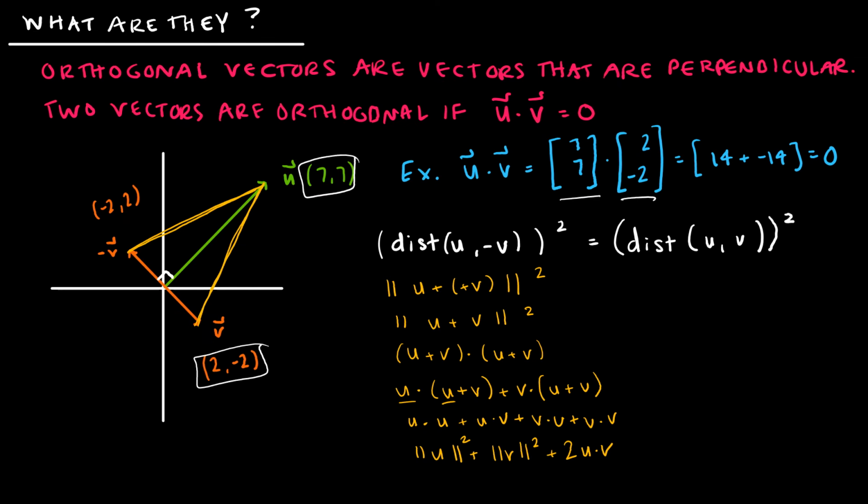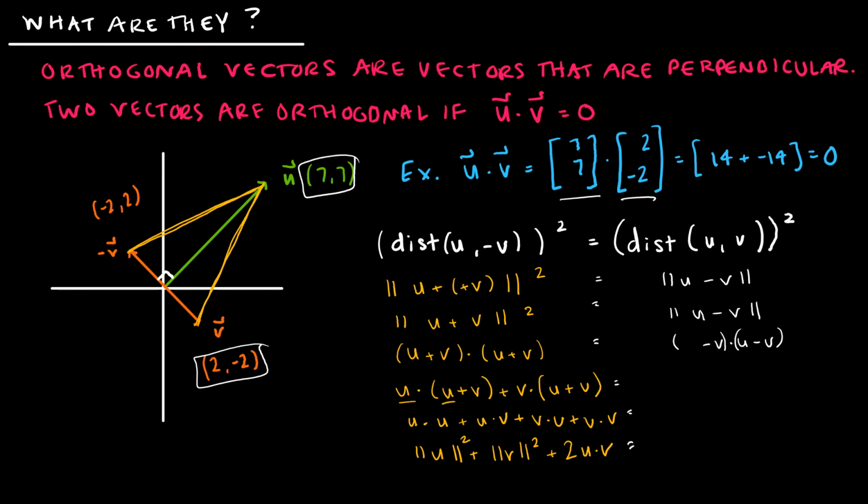If I do the exact same thing on the other side, I'm going to be doing similar calculations over here. This is going to be u minus v, because that's how we compute the distance. And then again, u minus v. So this is the inner product of u minus v with u minus v.